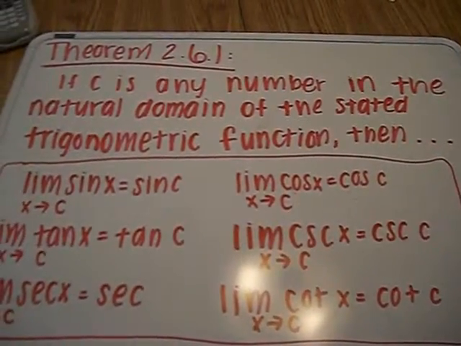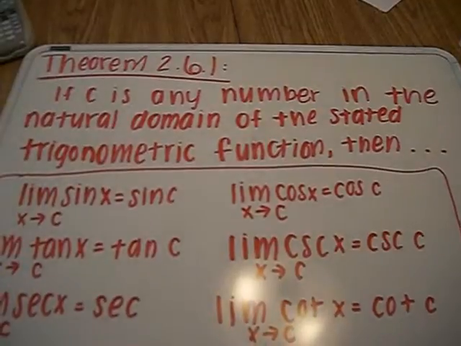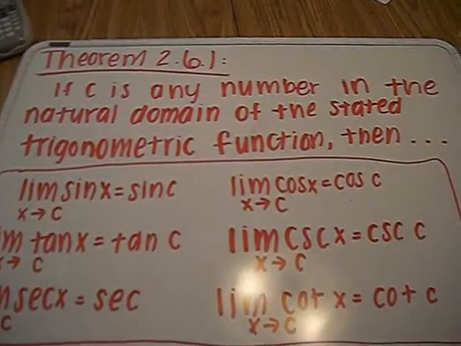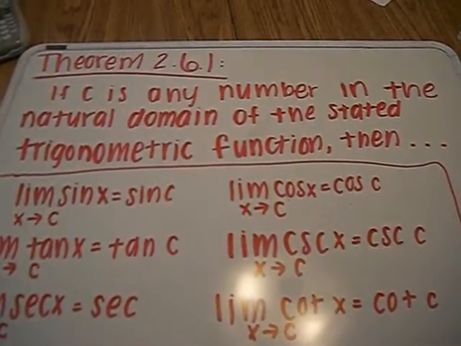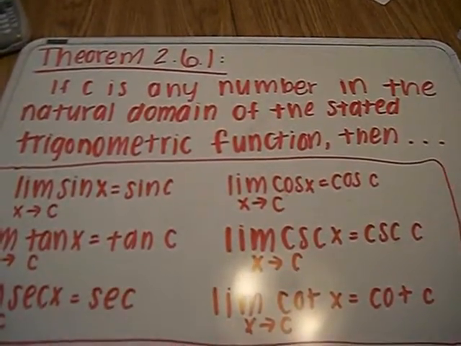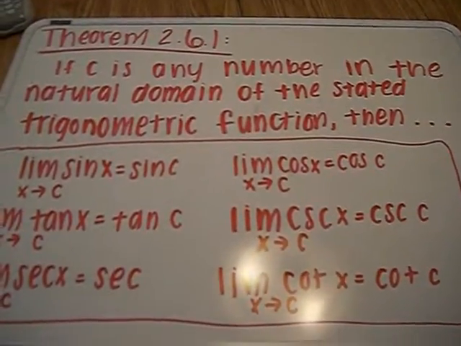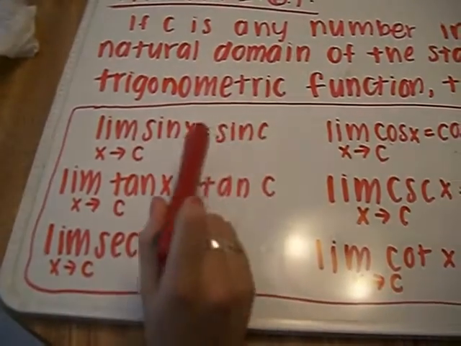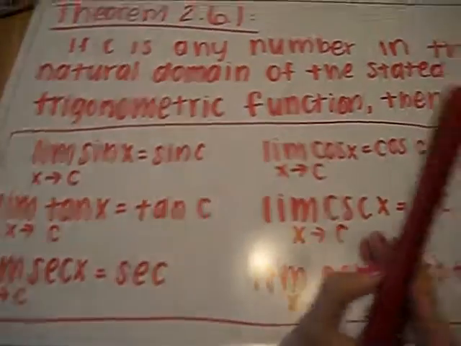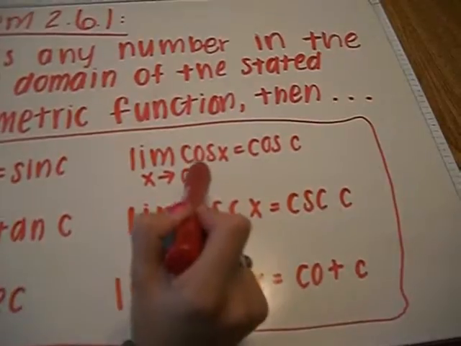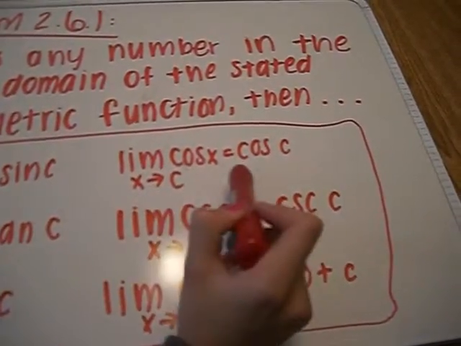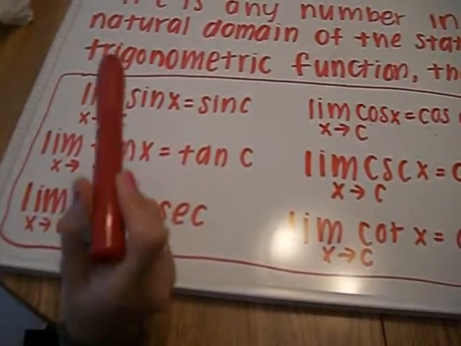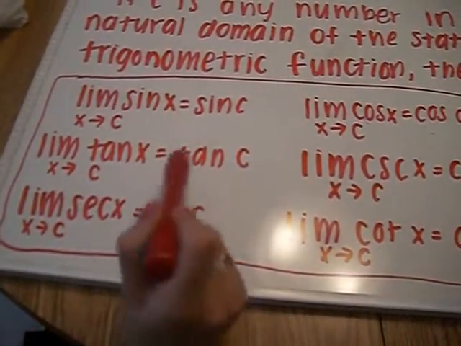And theorem 2.6.1, wait, hold on, it's in red, different color. Mark this on your page, guys. Don't forget this. If c is any number in the natural domain of the stated trigonometric function, then the limit as x approaches c of sine of x equals sine of c. Also, the limit of cosine of x as x approaches c equals cosine of c. The limit as x approaches c of tangent x equals tangent c.